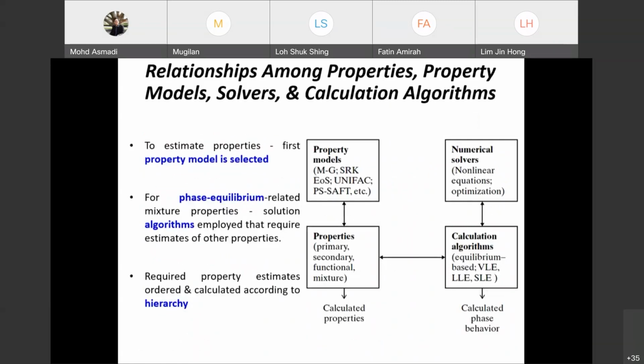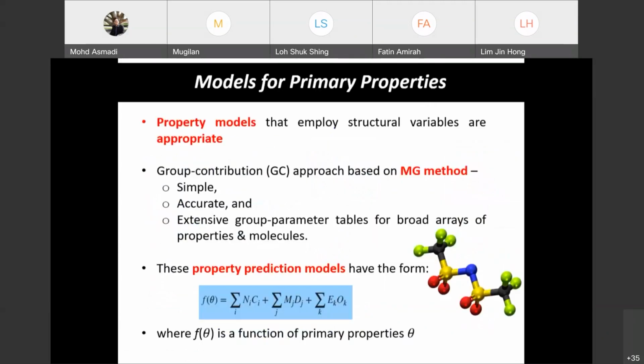So let's see the models for the primary properties. We see the primary properties first, before we move to the secondary and maybe also the tertiary. So these are the models for the primary.